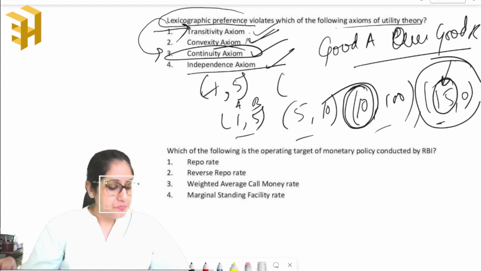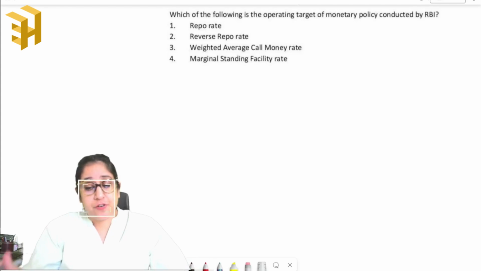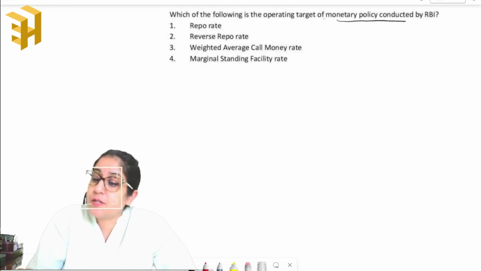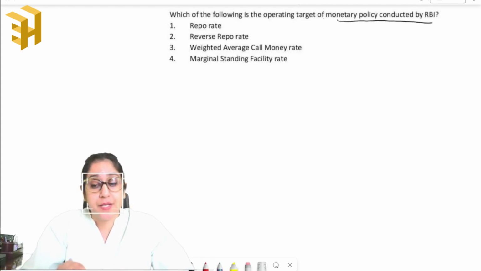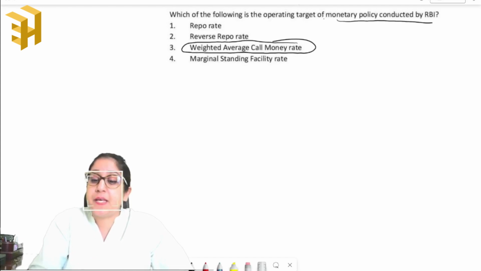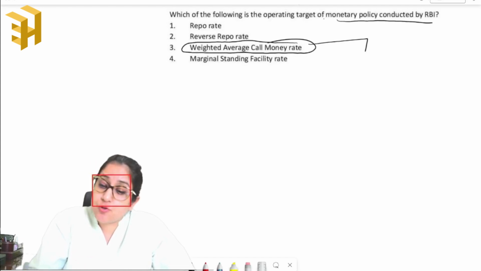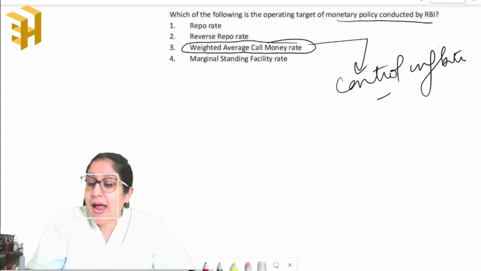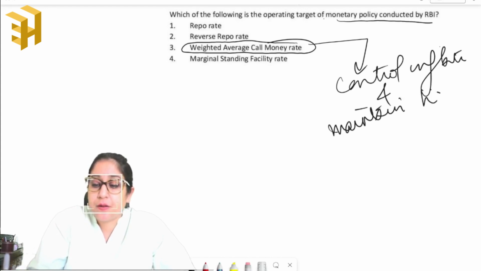Okay, a very important question: which of the following is the operating target of monetary policy conducted by RBI? This is the weighted average call money market. It is to help control inflation and maintain liquidity in the economy.